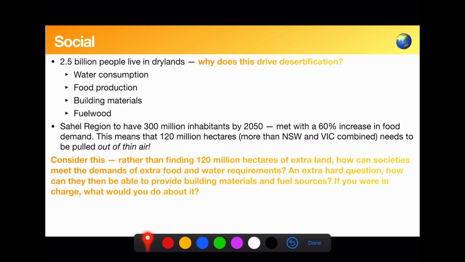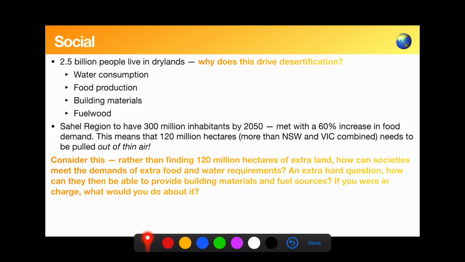Now, the Sahel region, just straight from the textbook, is to have 300 million inhabitants by 2050. This is going to be met with a 60% increase in food demand. This means that 121 million hectares, now that is more than the land of New South Wales and Victoria combined, is needed.